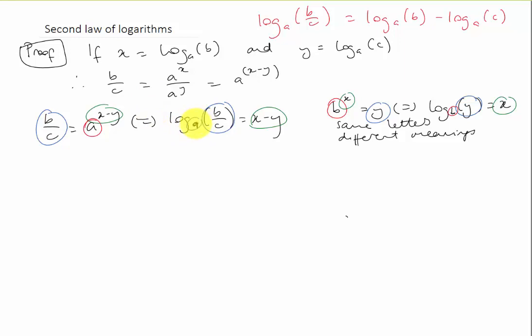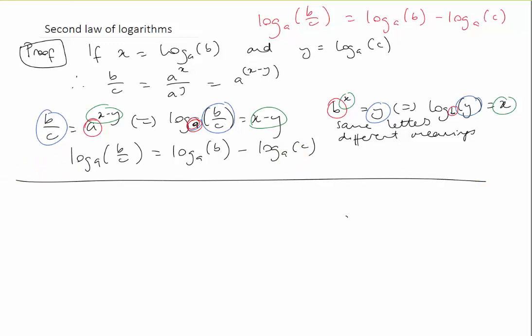Oops, should be red. Okay, so that tells us that the log in base A of b over c is equal to, here, x is log A of b, so that's log A of b, minus y, which is log A of c. So it's quite similar to the previous one we looked at.